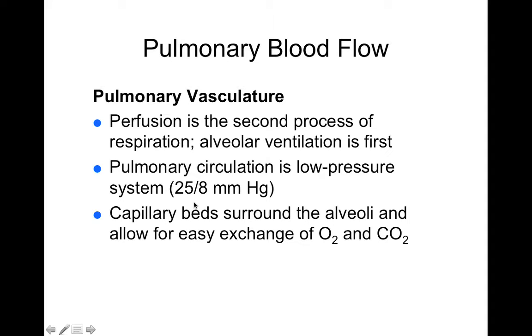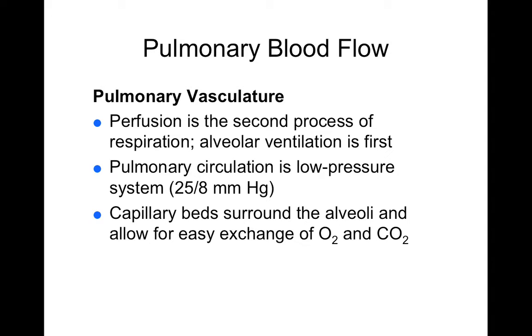It involves the right side of your heart. And we learned about how the right ventricle pumps blood to your lungs through the pulmonary arteries. But remember, the right ventricle was much thinner than the left. And although it pumps the same amount of blood as the left ventricle, it pumps it at a lower pressure. It doesn't have to pump it as far, so it doesn't generate as much pressure as the left ventricle does.